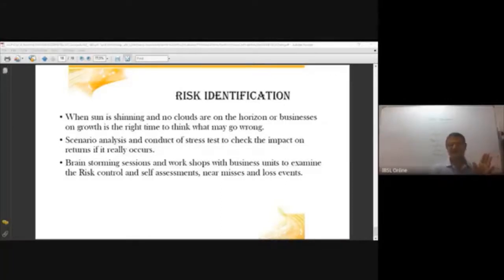Now measure is a kind of calculation based on different formulas we apply. So this will apply to credit, a different formula. We apply a different formula to market risk, and so on. We have different techniques in measuring this, and those techniques also will be dealt with in future classes.